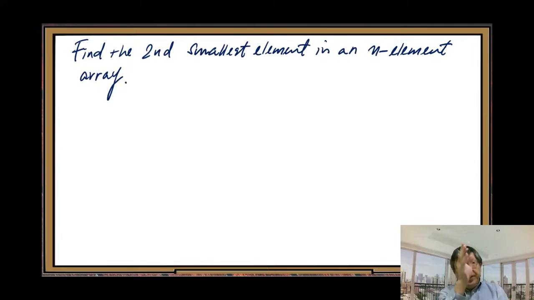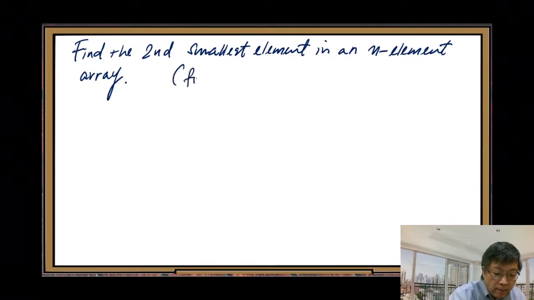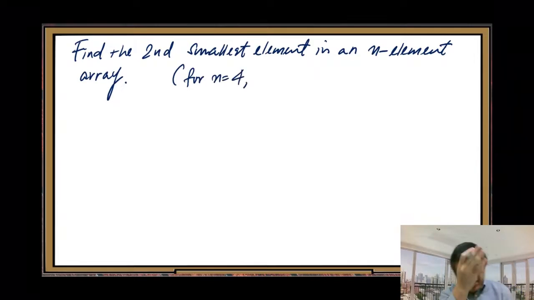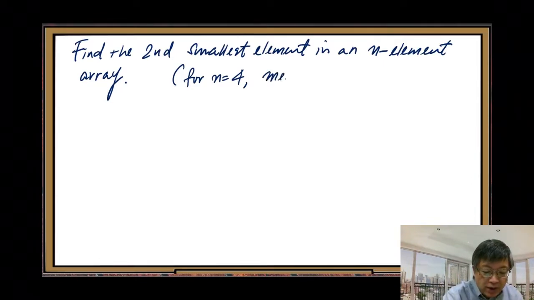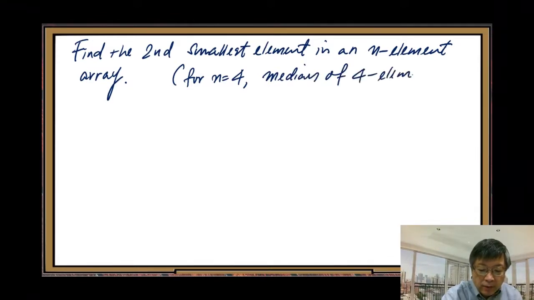First, we did a special case for n equals 4. For n equals 4, we did it in one of the previous videos when we found the median of a 4 element array.